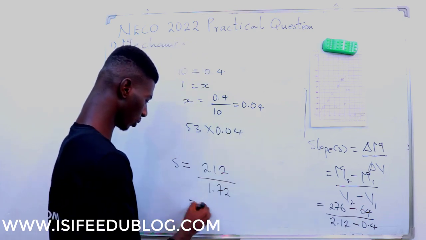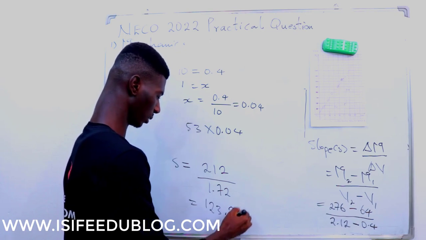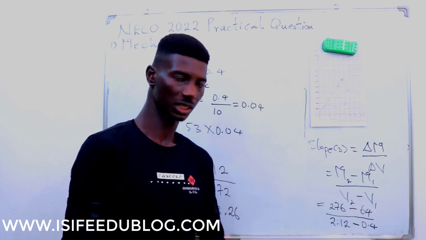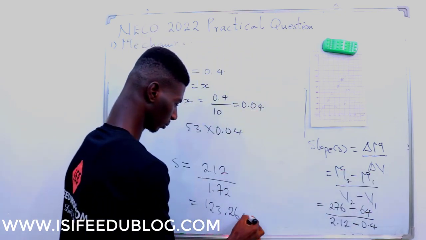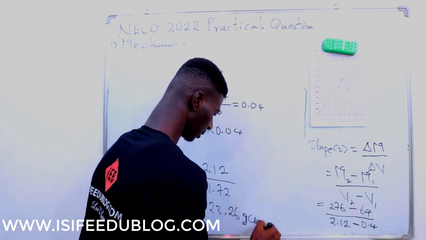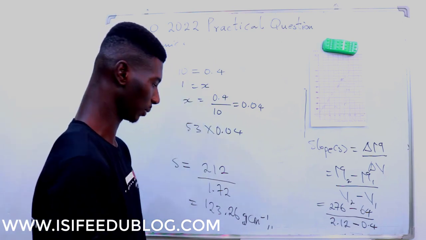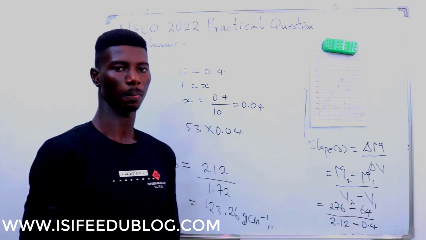What we have as slope is 123.26. Does it have a unit? That's the question. Yes. Why? This is measured in grams, and this is measured in cm, so this is per cm. So the unit of this slope is gram per cm.